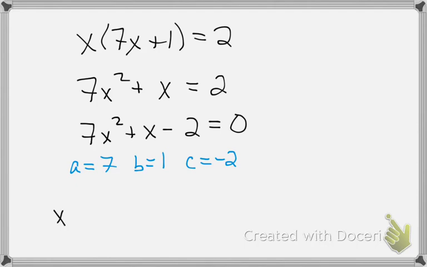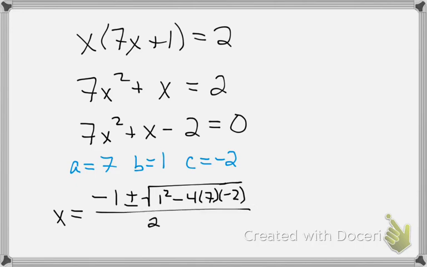So if we plug in, x would be negative 1 plus or minus square root of 1 squared minus 4 times 7 times negative 2, over 2 times 7.